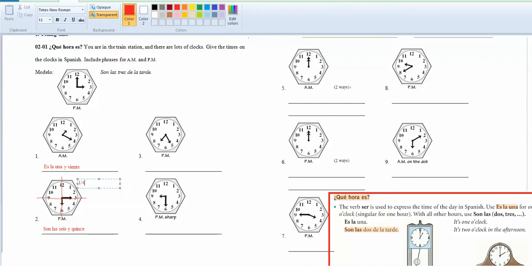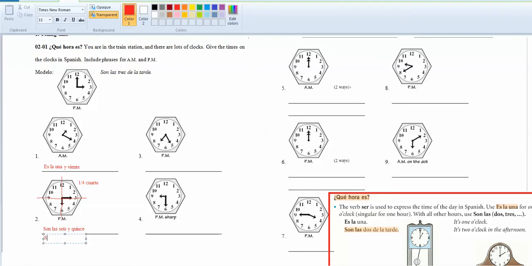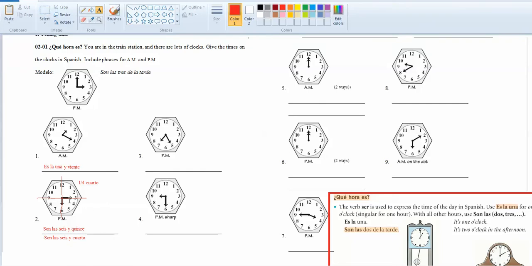And 1/4 is called cuarto. So you could write this as son las seis y quince, or you could write it as son las seis y cuarto. Okay, so it's either 15 minutes, son las seis y quince, or son las seis y cuarto.